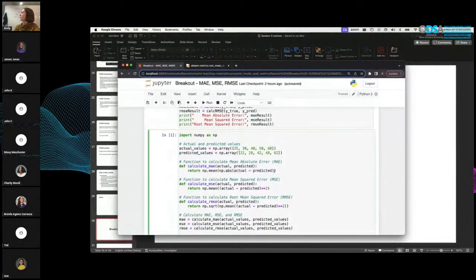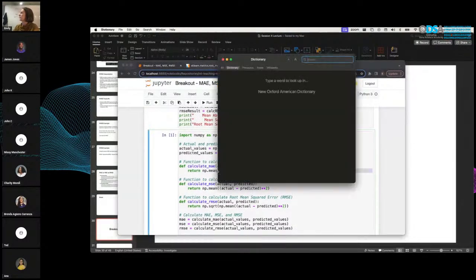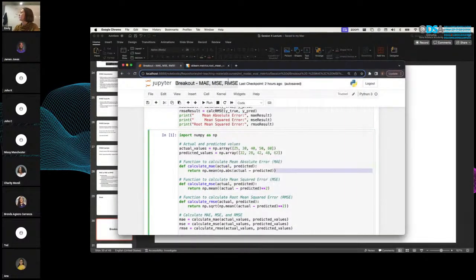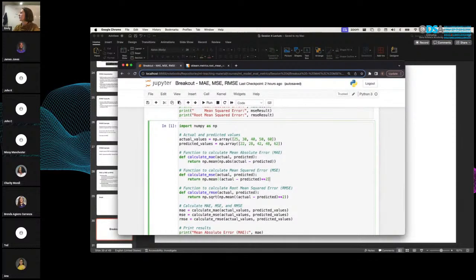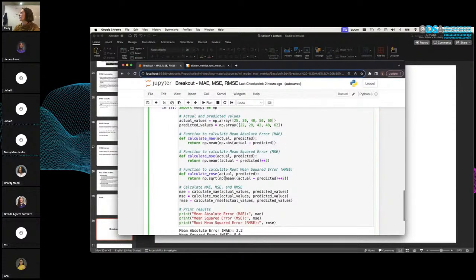That's the exact same operation as this. And then we're going to take the mean of all of these values. And then I did the same thing for mean squared error, but we're squaring. And then the same thing for RMSE, but I take the np.sqrt on the outside for this one.